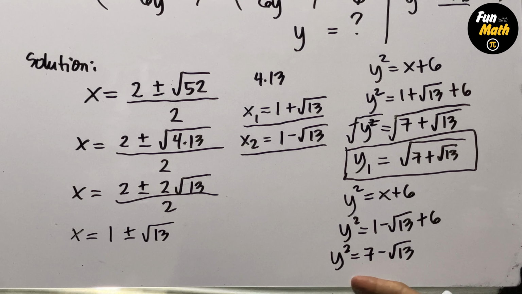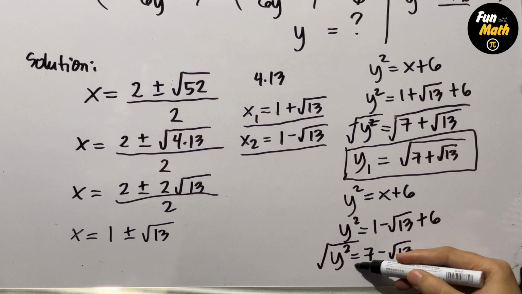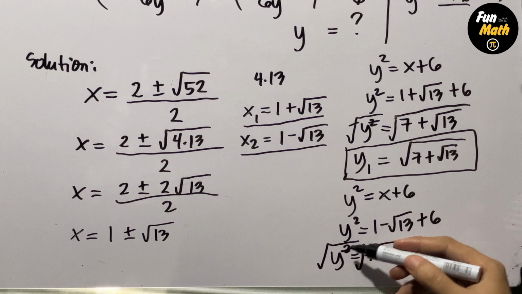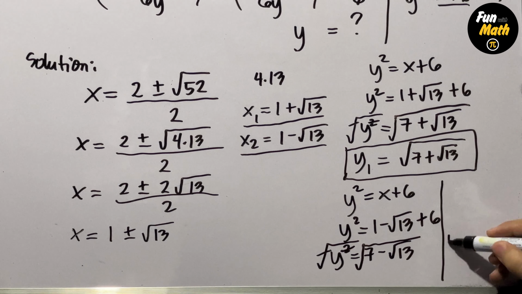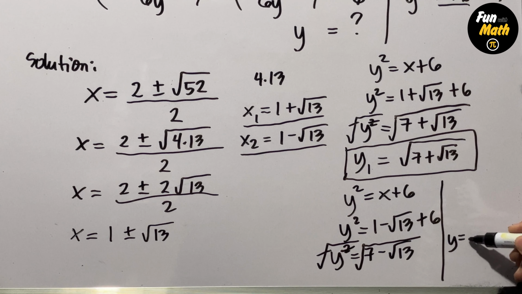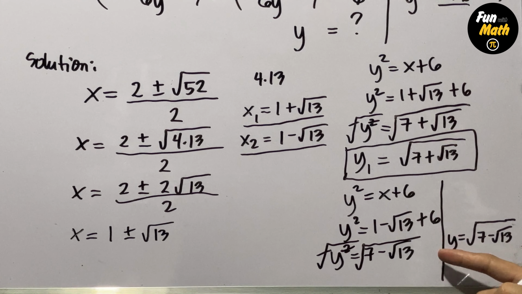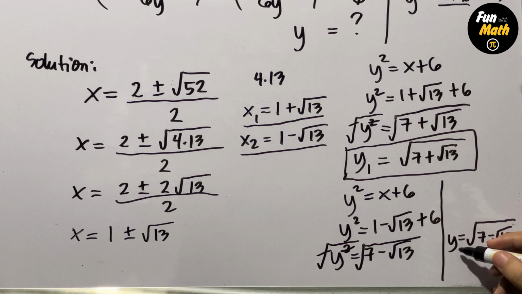Now we need to isolate the y by inserting a radical on both sides. So this is now cancelled. So we have y is equal to square root of 7 minus square root of 13. And this is our second value of y, which is y sub 2.